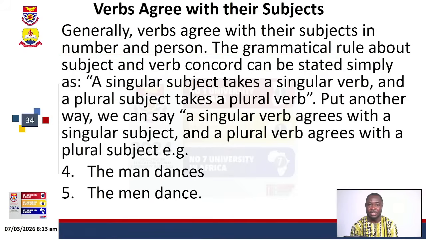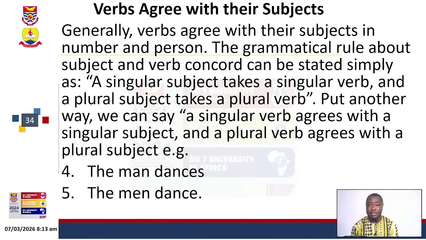Anybody that says the man dances knows their grammar, because the man is singular, dances is also singular. The verb is dances, the subject is the man. So singular subjects agree with singular verbs.